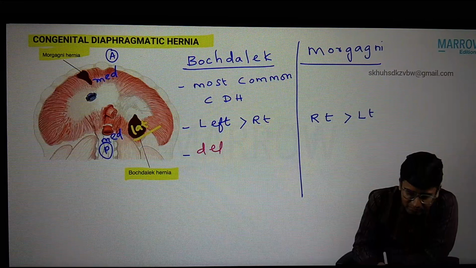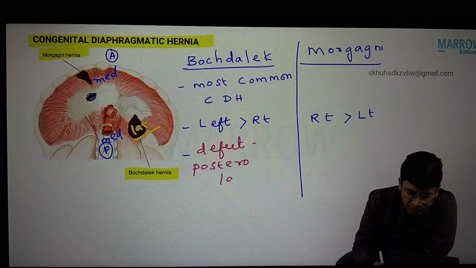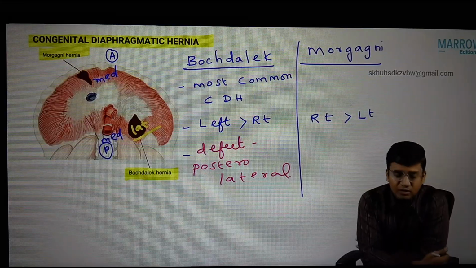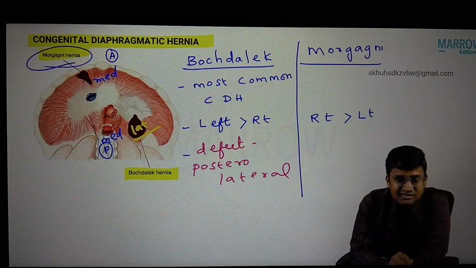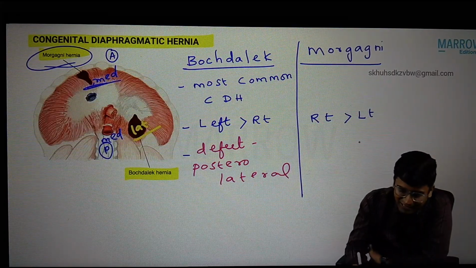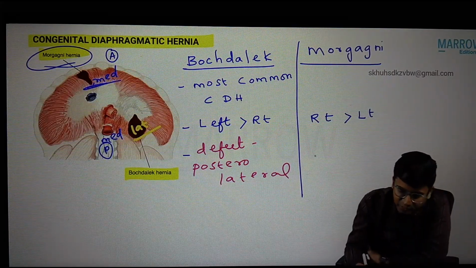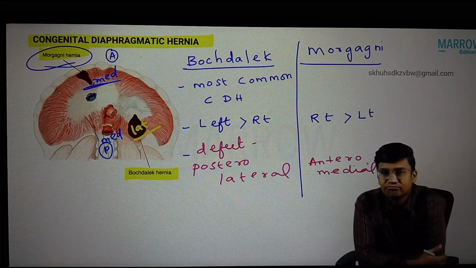So the defect in the Bochdalek hernia is posterolateral. Now see the Morgagni hernia. In the Morgagni hernia, the defect is on the front side, close to the midline. So in the Morgagni hernia, the defect is anteromedial.